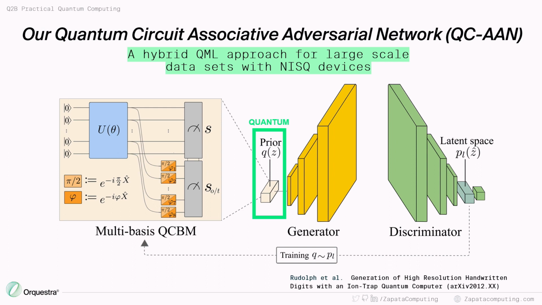Now, as another extension of our work, we propose here a novel approach that leverages the unique quantum resources that you can find when you measure in bases other than the computational basis.